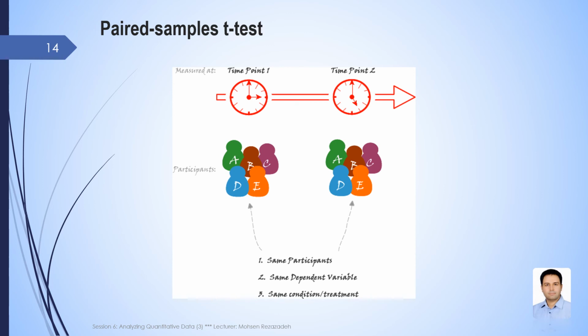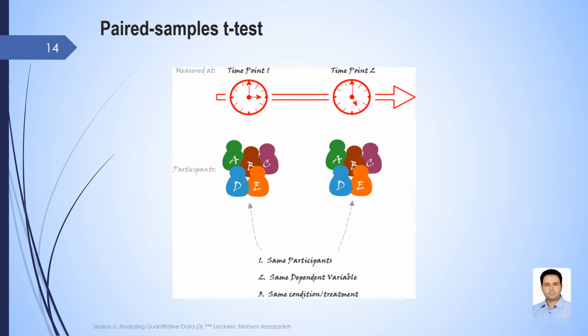We have the same dependent variable, and we have the same condition. The only difference is that these students or participants are measured at 2 time intervals. So this paired samples t-test can look for changes between means when the participants are measured on the same dependent variable but at 2 time points.